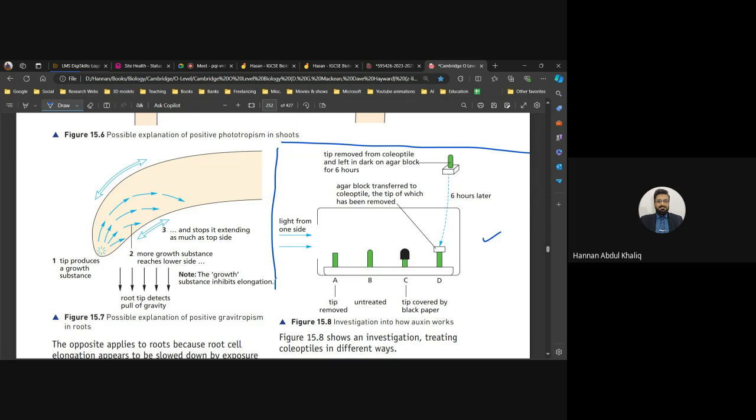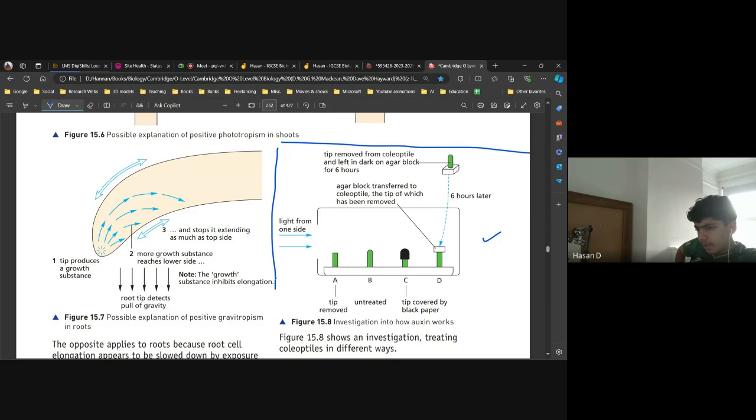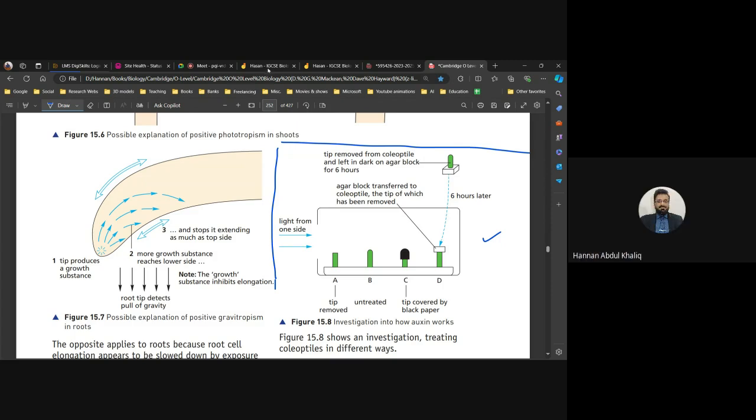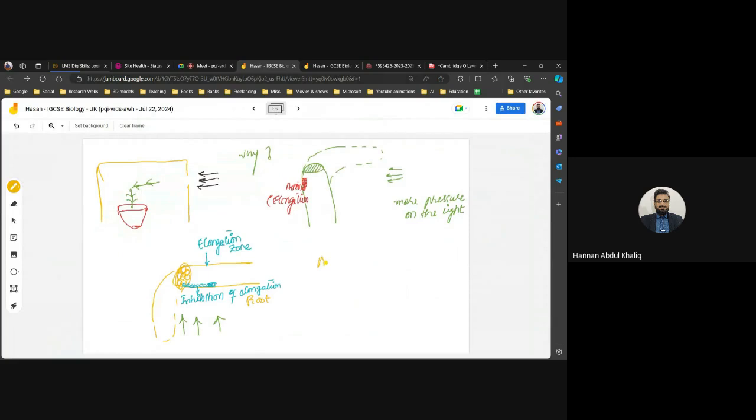All right. What is going to happen to D? What do you think, with the agar block transferred to it? Let me tell you a bit about the agar block. Agar is a jelly-like thing, and if something is coming from above, the substances can diffuse into it, and they can also diffuse out of it.